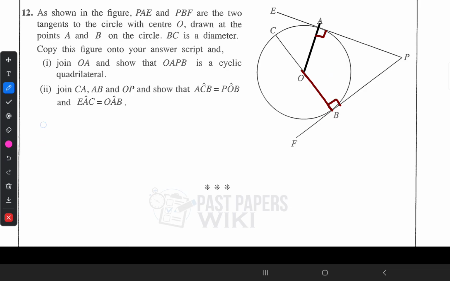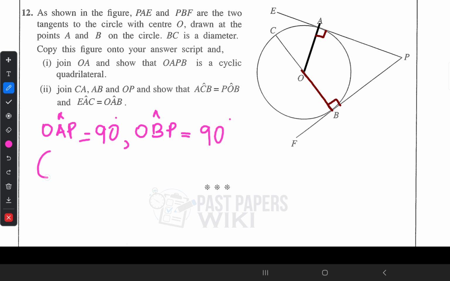OAP equals 90, comma, OBP also equals 90, because you should write the reason.